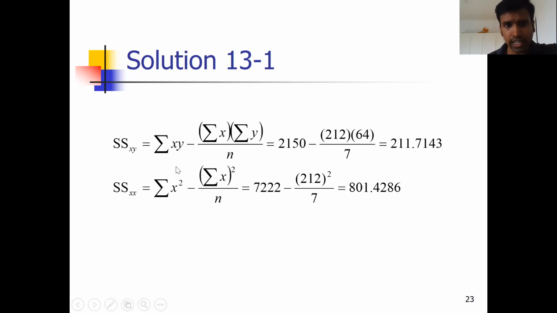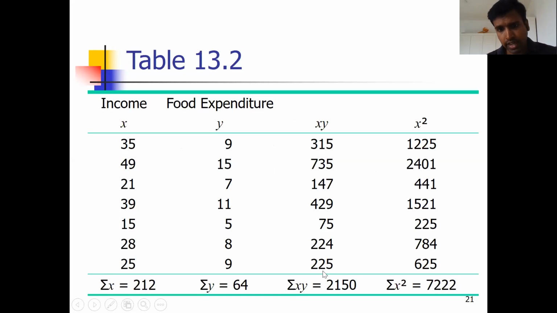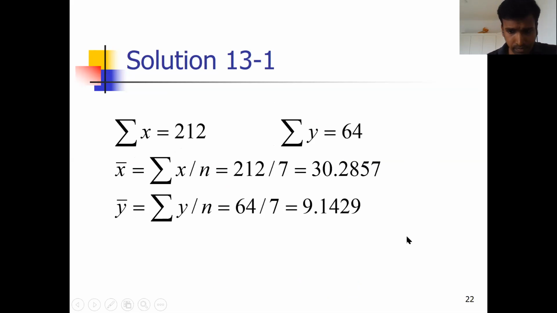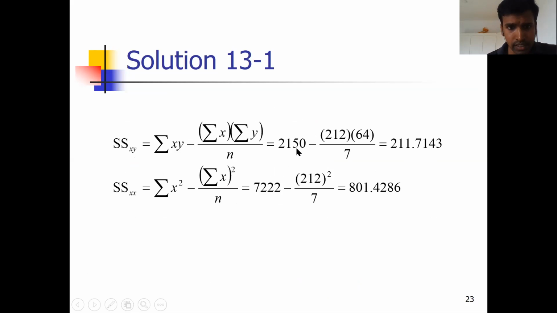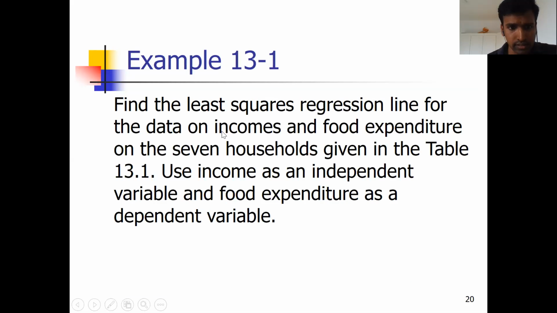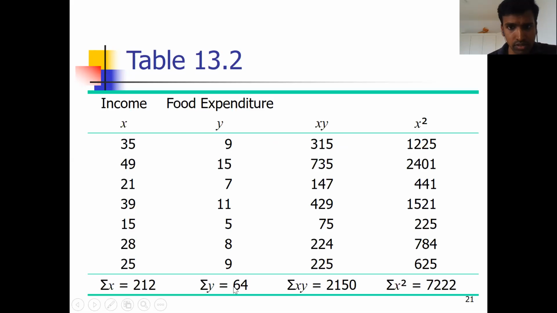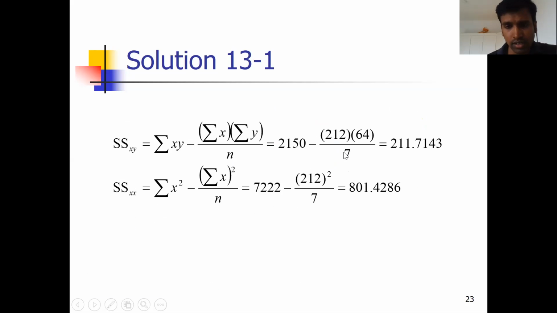Now let's get back to computing b. In order to compute b, you're supposed to divide the sum of squares of xy by the sum of squares of xx. We know the sum of x, the sum of y, and n. If you go back to the table, you can see the sum of x y is 2150, that is given here, and the sum of x is here, and the sum of y is 64, divided by the total observations.